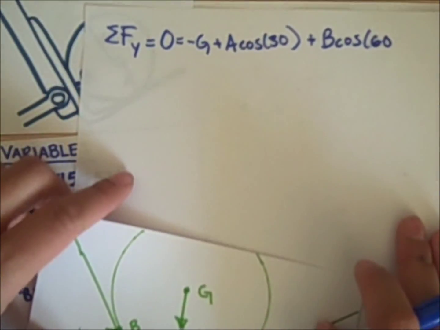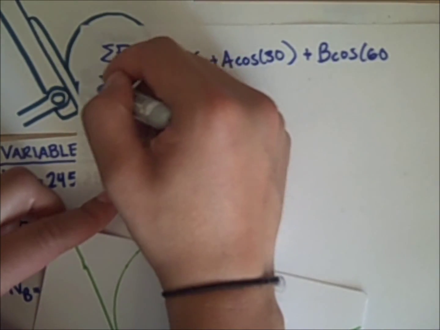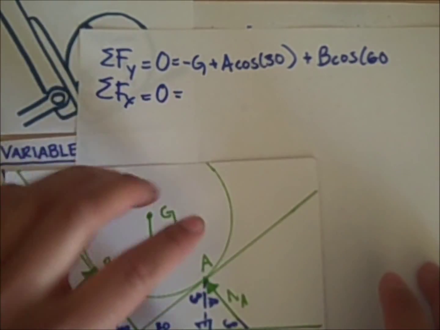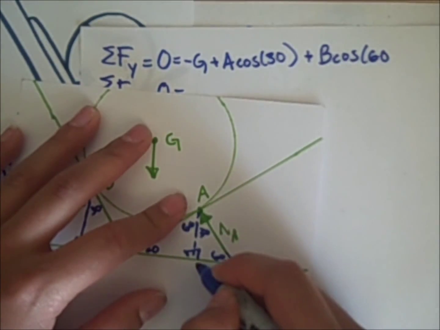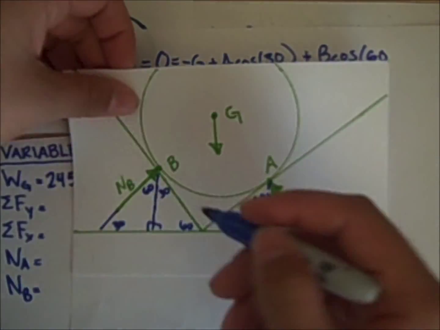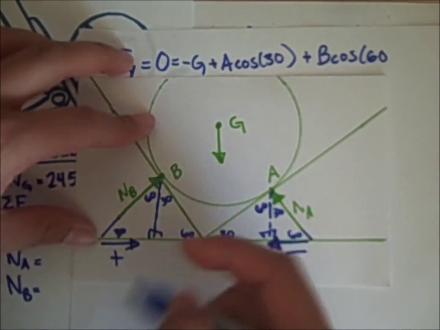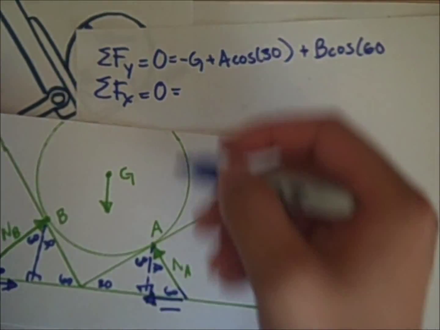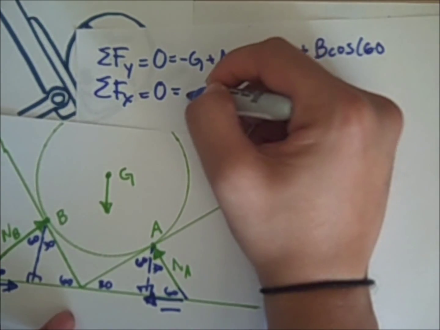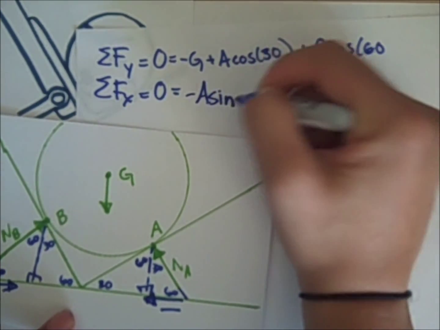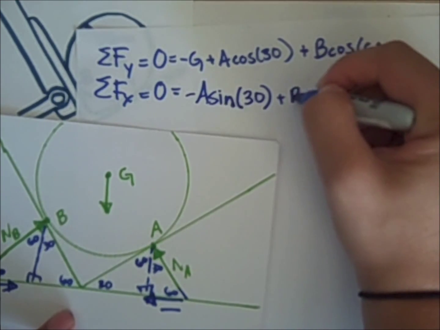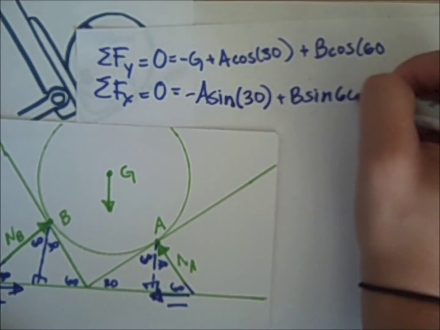Alright, now that we have the sum of F y, now we're going to find the sum of F x. And since it's at equilibrium too, it's also 0. To find the x, this is going to be in the negative direction, because that's the way the x would be going. This is going to be in the positive direction. B of x is going to be going. So that means we're going to have negative A sine 30 plus B sine 60.